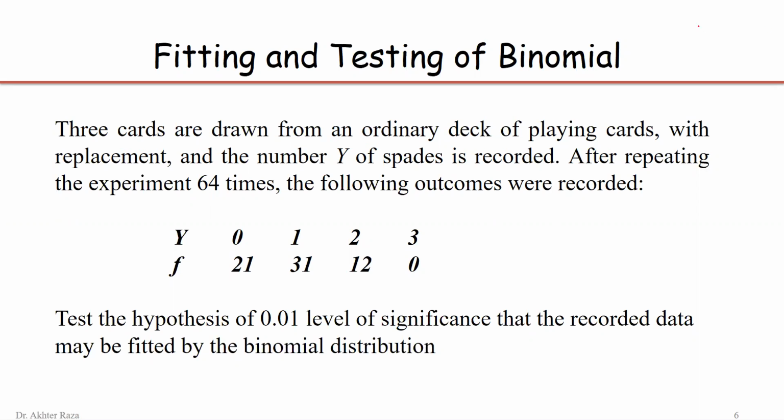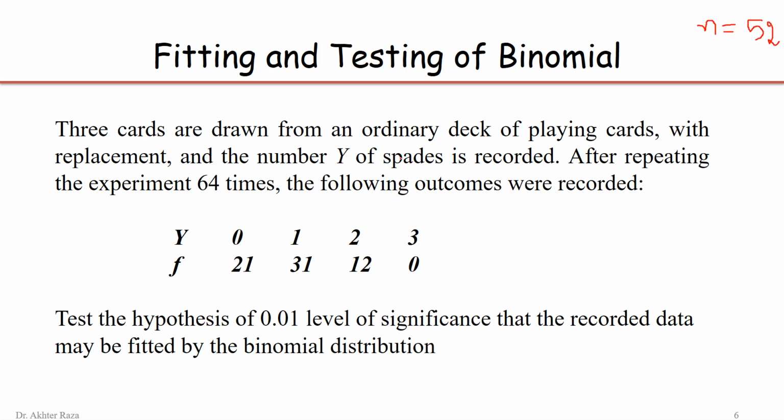The total number of cards is 52, and 3 cards are drawn randomly from this deck. The distribution is given here: 21 times 0, 31 times 1, 12 times 2, and 0 times 3.